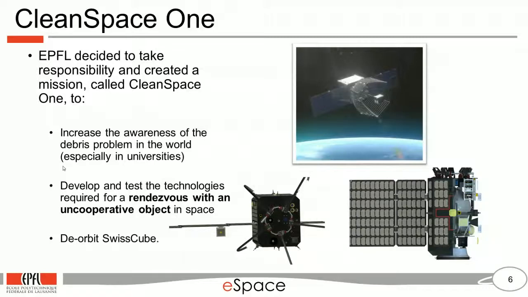It's supposed to be, well, a bit bigger than a laundry machine. And of course, the first aim of the mission is to go catch the satellite and deorbit it.